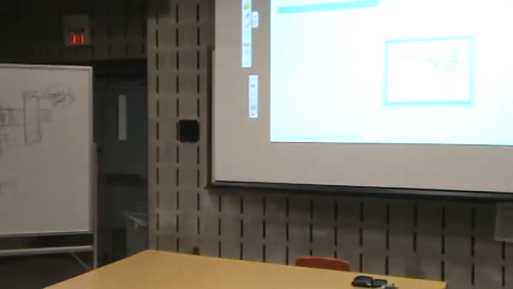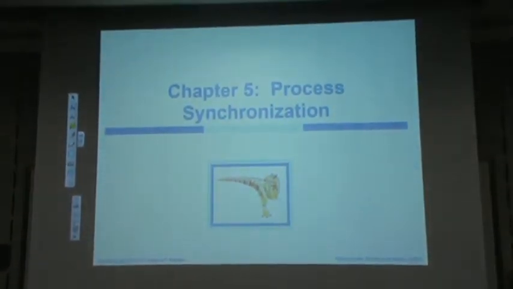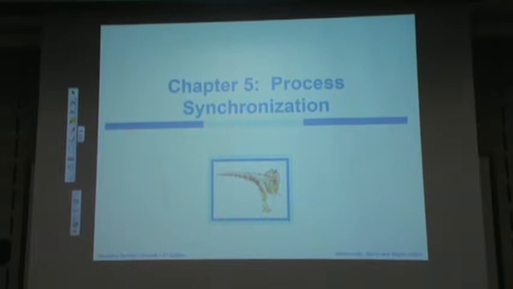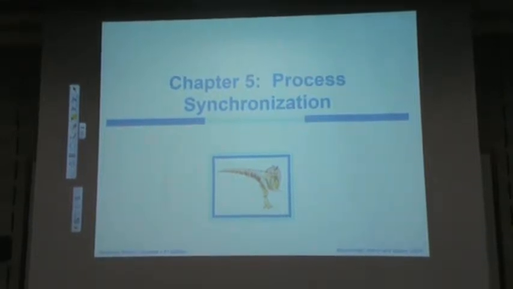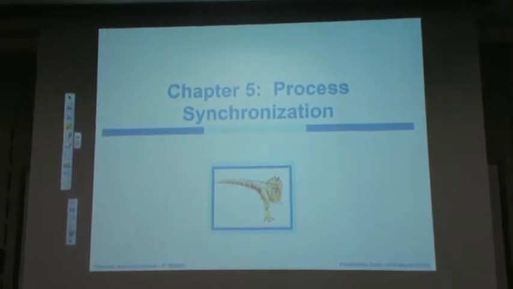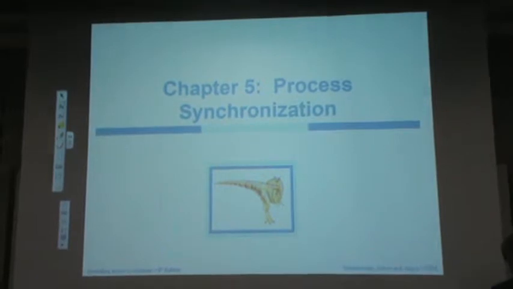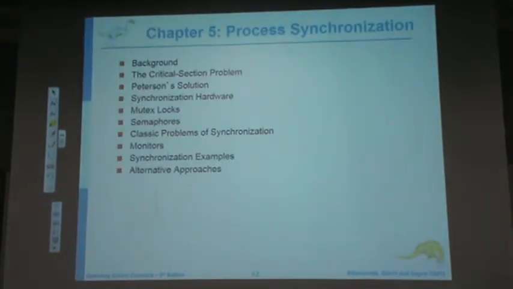In this chapter we are going to take a look at what a synchronization problem in process management is and how we can address such a problem in terms of algorithms. There are different solutions to address this.